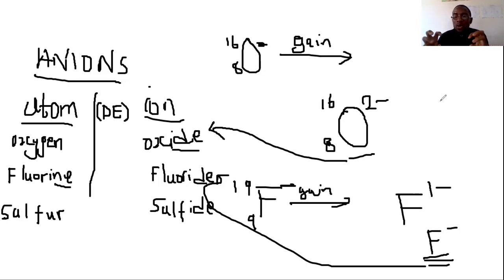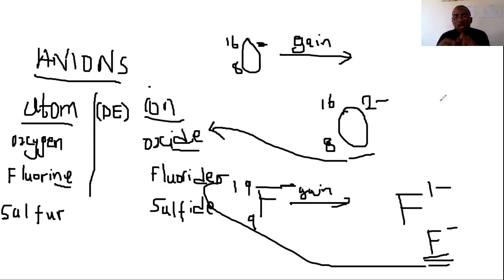Basically, that is how we write the ionic symbols for anions and cations. Cations, they lose. What loses? Metals. Anions, they gain. What gains? Non-metals.